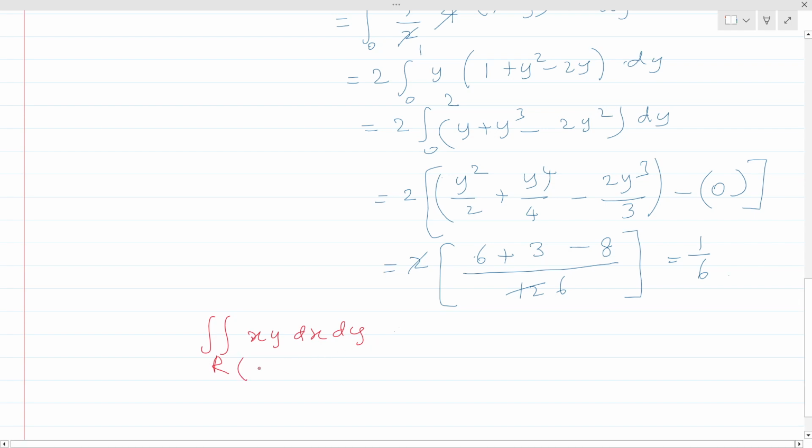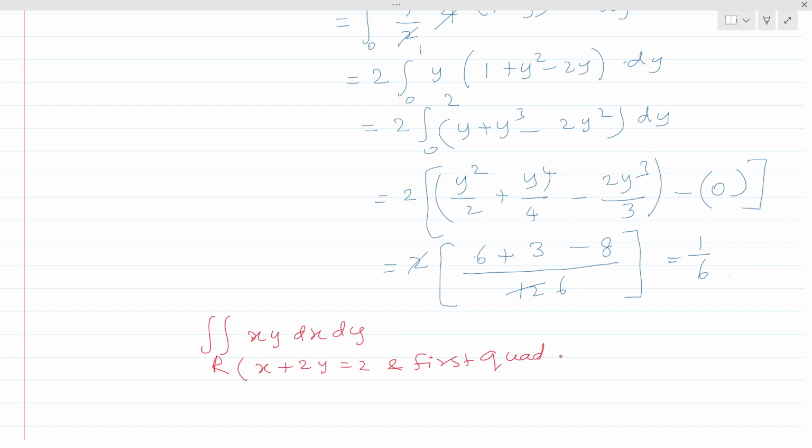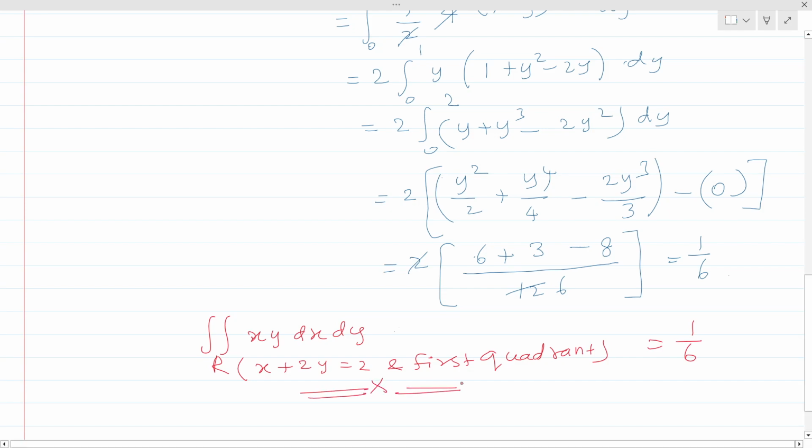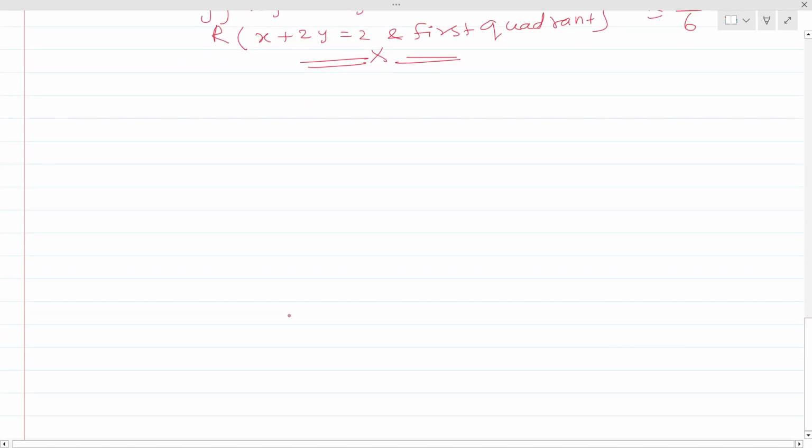What is the region here? x plus 2y equal to 2 and in the first quadrant. Is it not? So what is the answer for this? 1 by 6. It's clear? Okay.